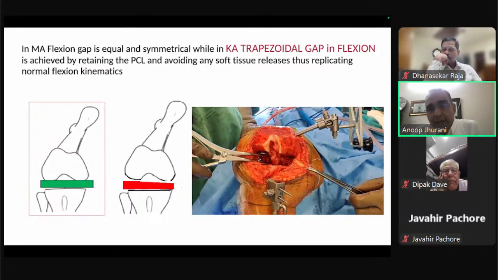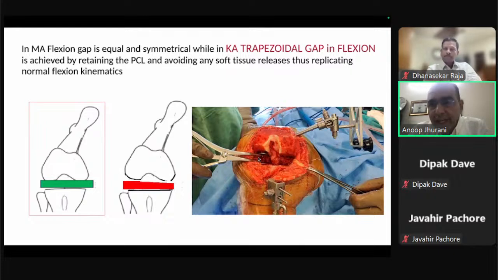So normally in mechanical alignment, which is again the green shade and the red is the kinematic alignment, the flexion space is also rectangular in mechanical alignment because you cut the PCL mostly and you have cut more from the posterior medial side. So the flexion space is rectangular and your extension space is also rectangular. But in kinematic alignment, your flexion space is trapezoidal because your PCL is intact.